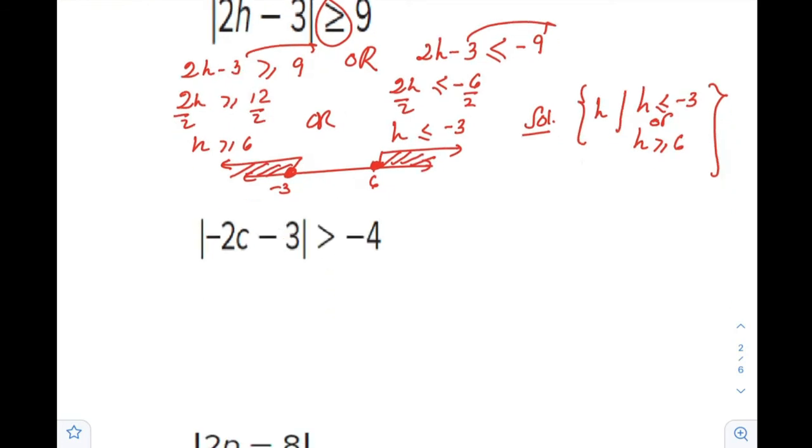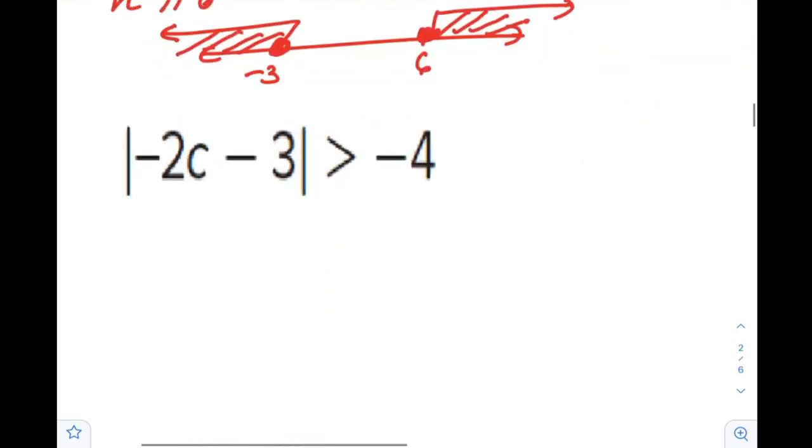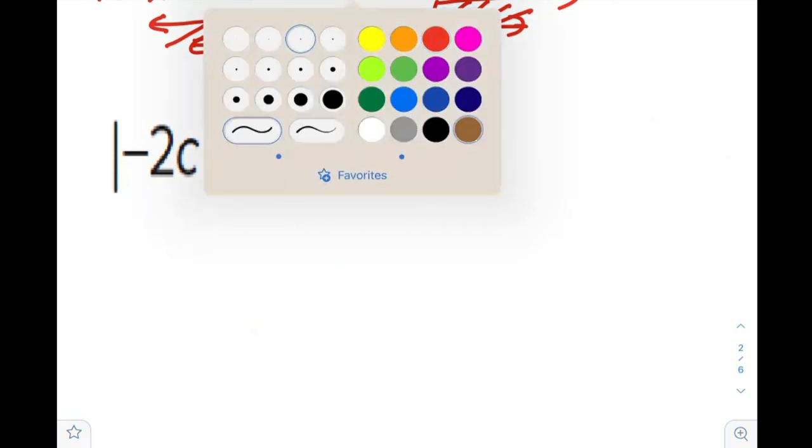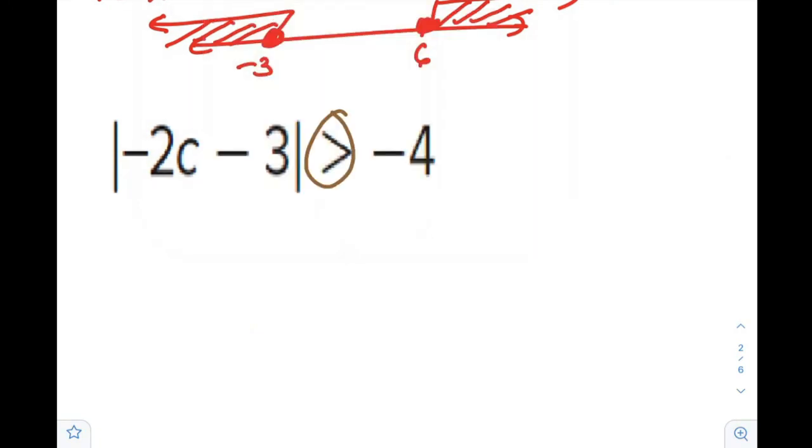Let's see here. Absolute value inequality more than a negative number. Okay, we know that it will always be more than a negative number. So without solving, you can solve and check, but without solving, you are sure that any value of C will give you a value that makes this true.